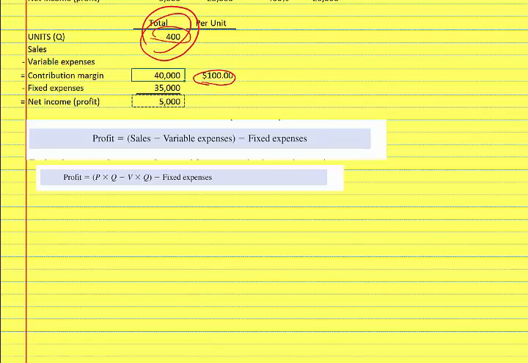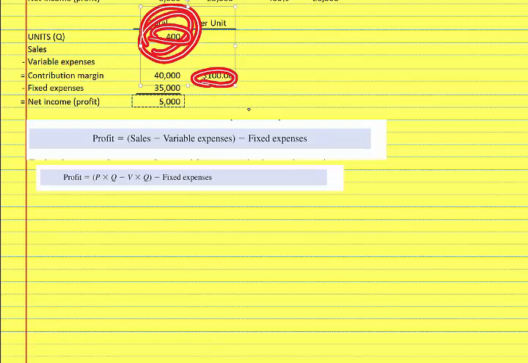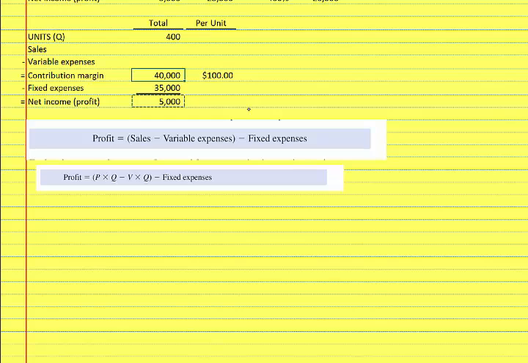Let's work the other way. Let's get rid of all of this. Now, given the bottom number in the income statement, net income or profit, can you find number of units?